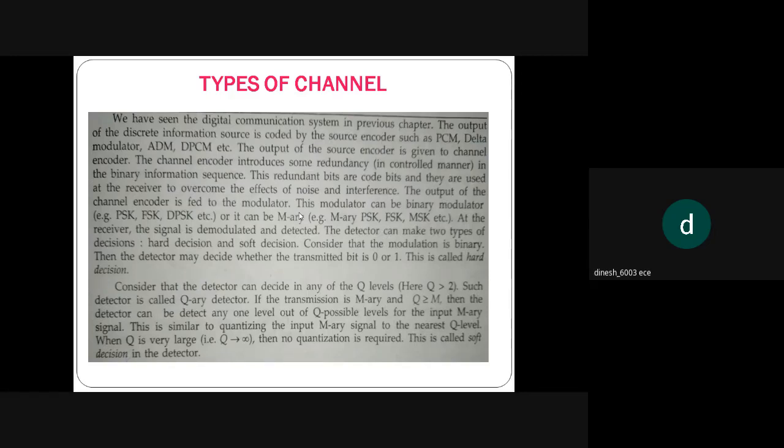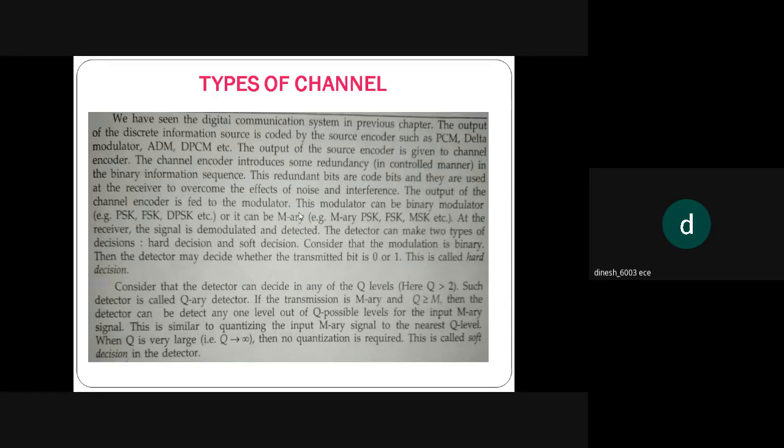Or they are used in other types of modulator systems like M-ary PSK, M-ary FSK, and M-ary minimum shift keying techniques. At the receiver end, they had demodulators and detection schemes opposite to the modulator schemes. The detector had two types of decision making.